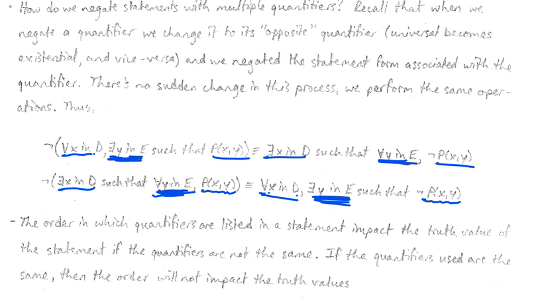If the quantifiers that are being used are the same, then the order in which they're listed will not impact the truth values. Whether you say for all x in D, for all y in E, or for all y in E, for all x in D, does not matter.